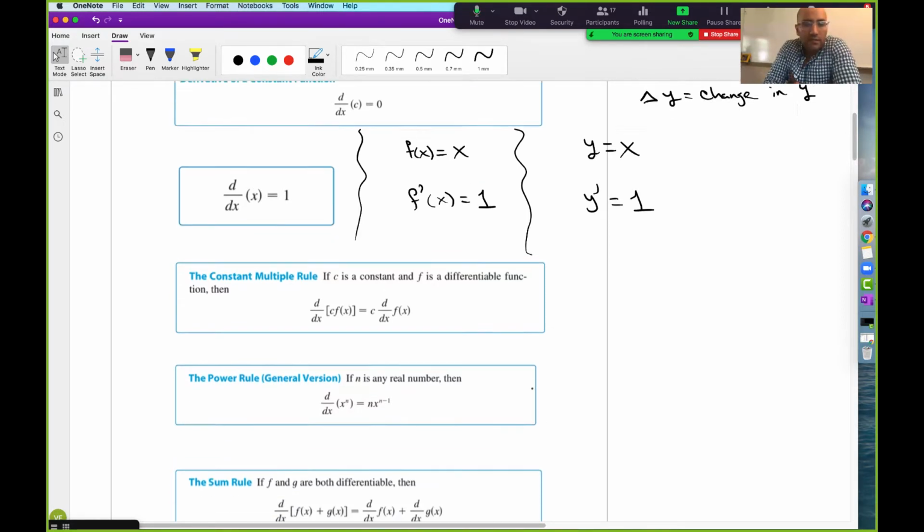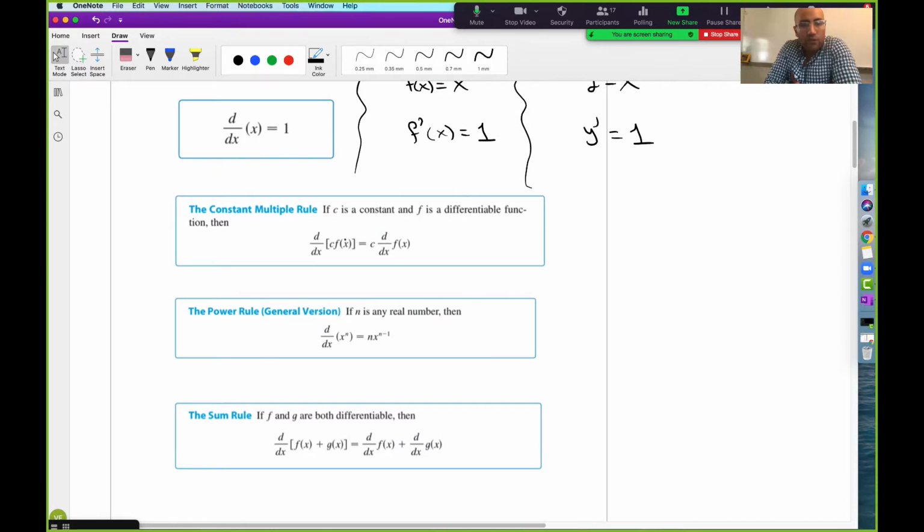So if we have a function multiplied by a constant, and we want to find the derivative of the whole thing, then we can ignore the constant, right? We can move it to the outside and just multiply the constant times the derivative of the function. That's what this is saying.